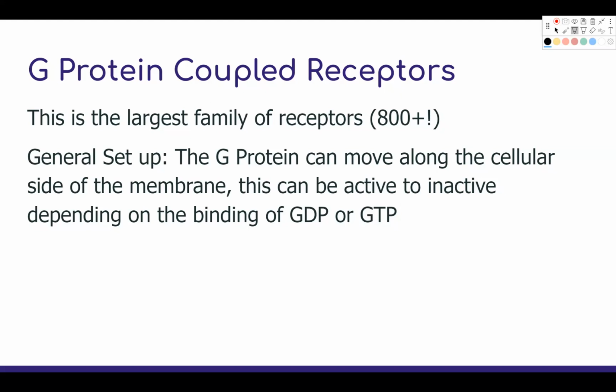So we're going to draw out the general setup of a G protein. The receptor and the G protein are separate entities. That is why it's a G protein coupled receptor. So we've got a receptor, we've got a G protein.